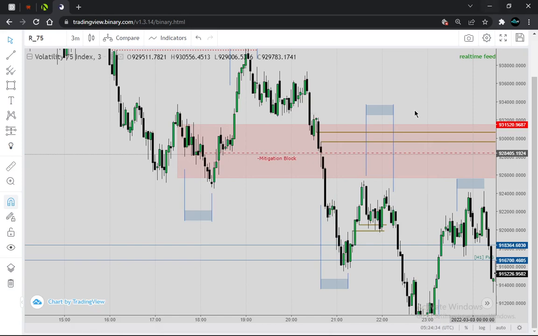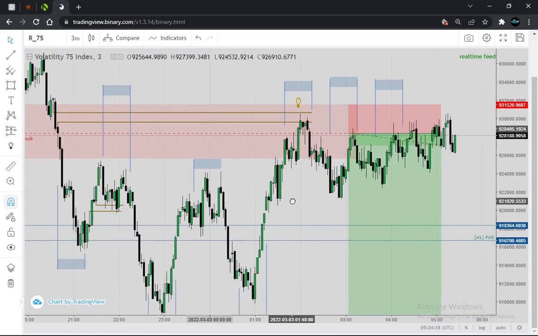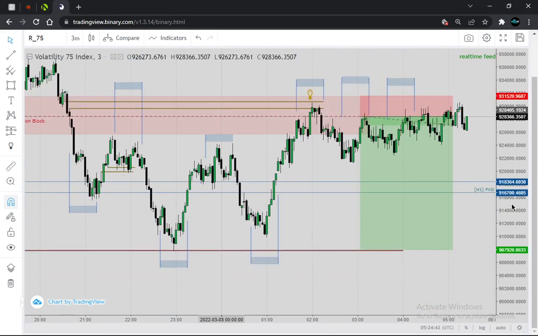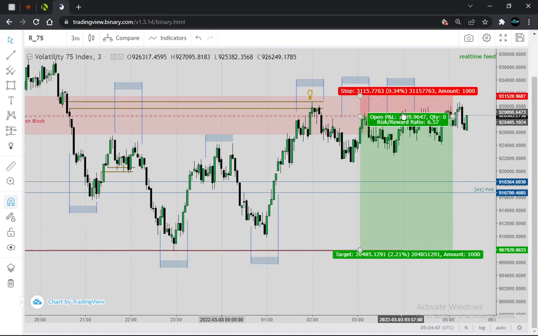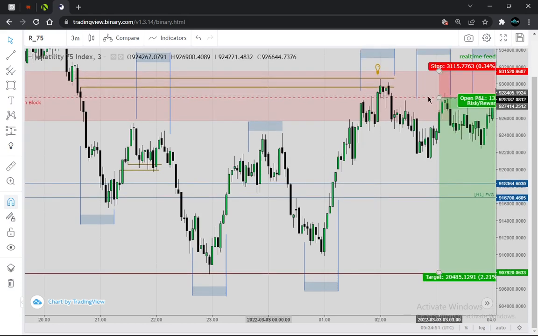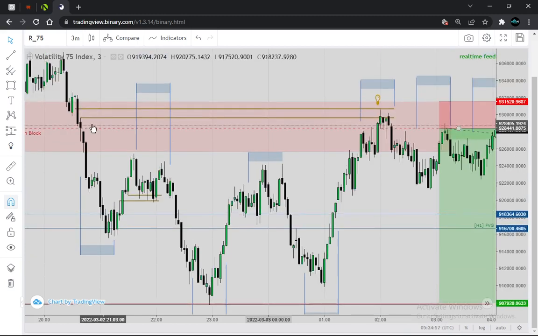Okay, now let's go to the real data like this. That's what we have. I have seen consolidations, and I tried to enter during the kill zone. Oh, that swing point that formed inside the mitigation block was insane with the 3 minute fair value gap.